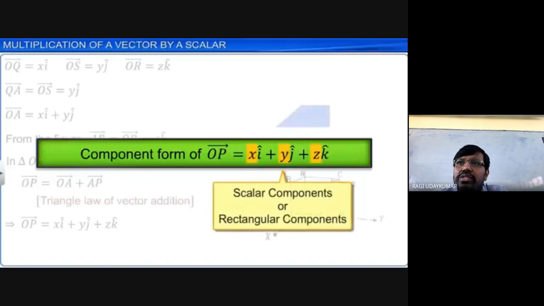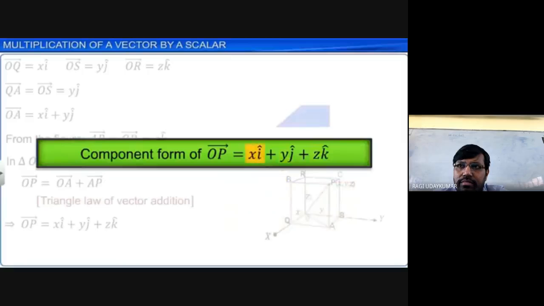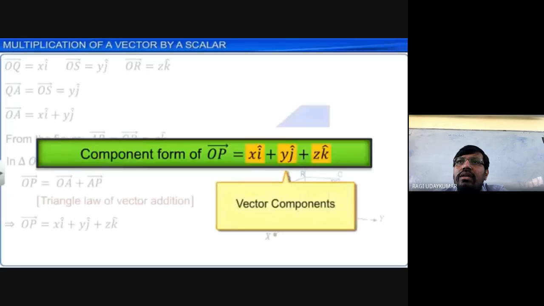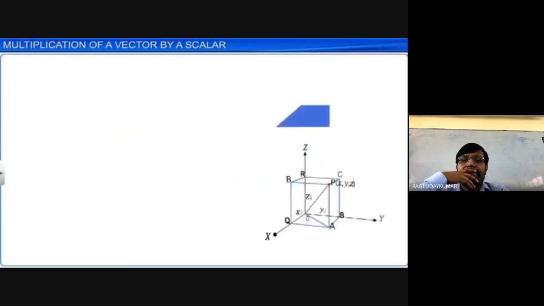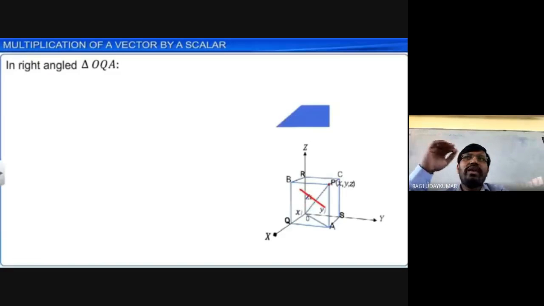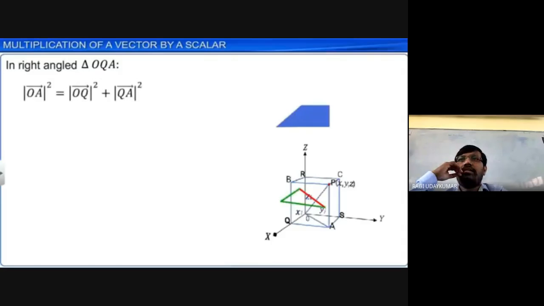x, y, z are called scalar components and also rectangular components. In your textbook only the word scalar components is used. And here direction cosines are there. Okay, xi plus yj plus zk is called the vector components. Now in a right angle triangle OQA, you observe it is not looking like a right angle triangle, but it is a right angle triangle.